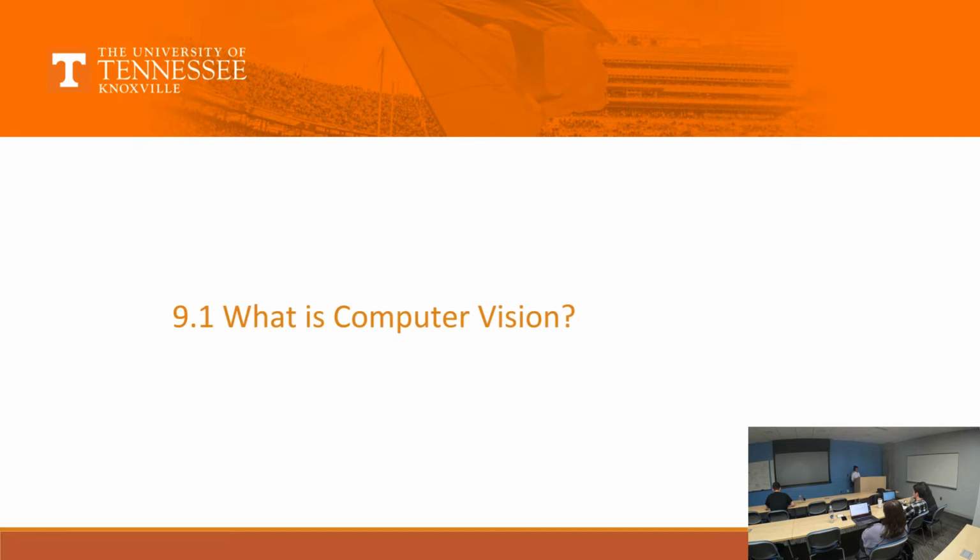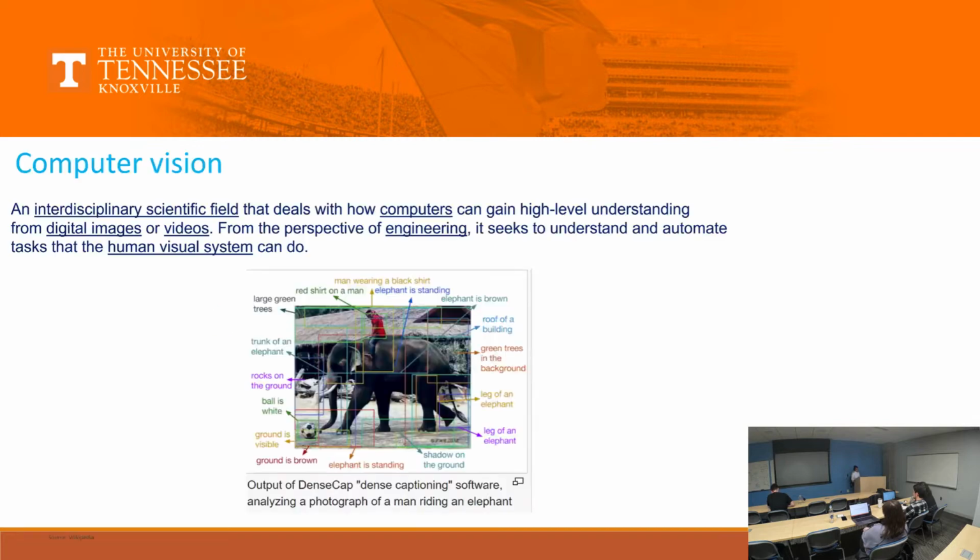So let's begin. What is computer vision? This is an example of an elephant that is given in front of you, and you see that in this image there are multiple bounding boxes.